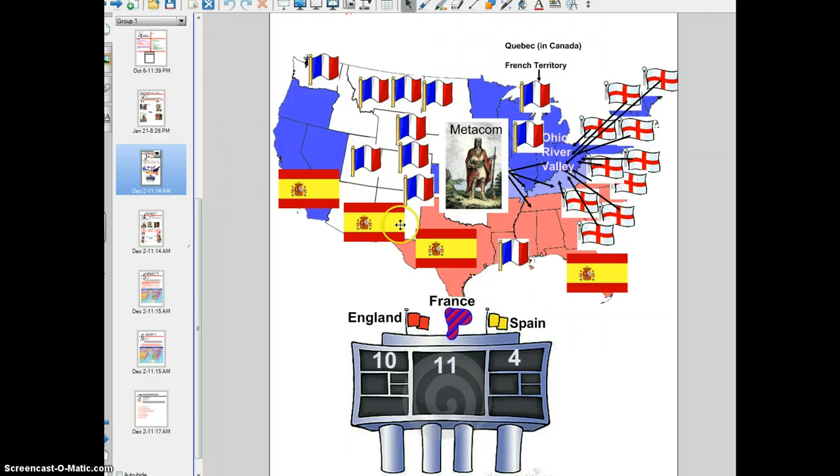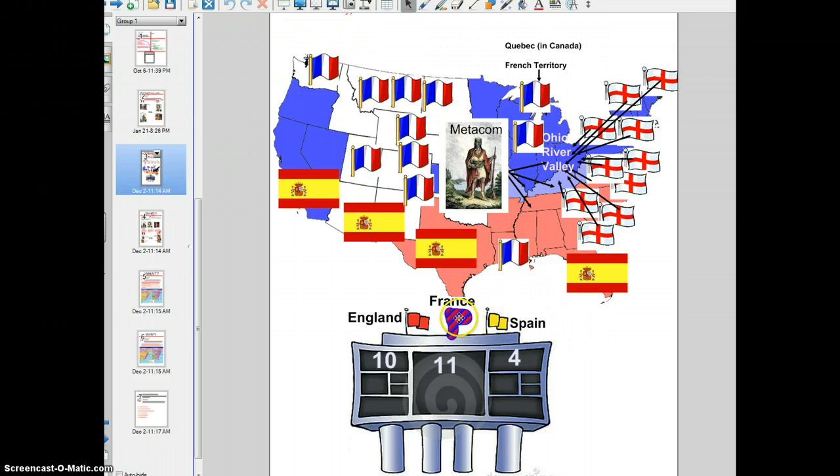Spain has 4 large areas over here, and England's, as you know from reviewing the previous lesson, are on the northeast and the east coast. These are roughly 10 to 11 areas. They're going to transform into 13 colonies eventually, but using this map, we can see England has about 10 areas stretching from Maine all the way to Georgia.